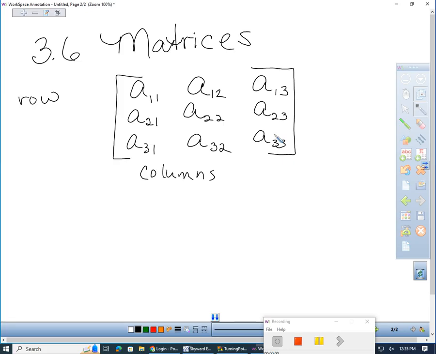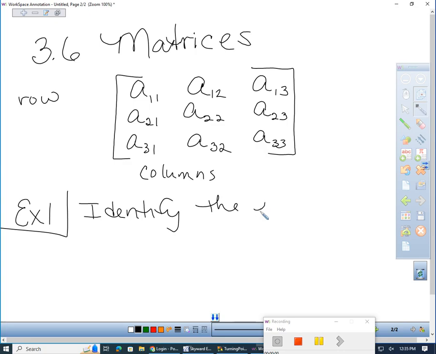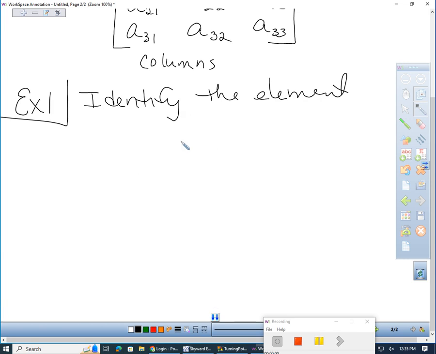So with that being said, example number 1. Identify the element. Let's say I give you a matrix that looks like 1, 2, -5, 6, 1, 0, 9, -3, 7.